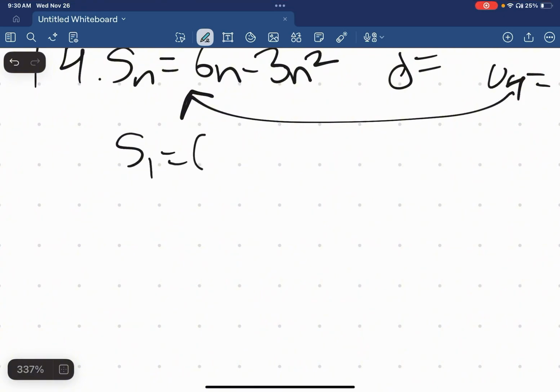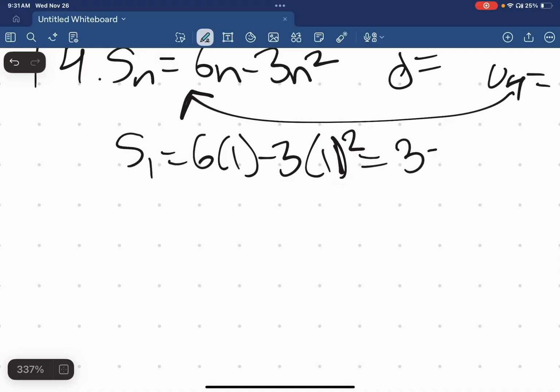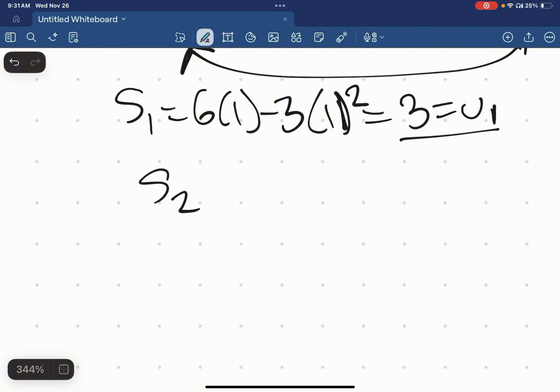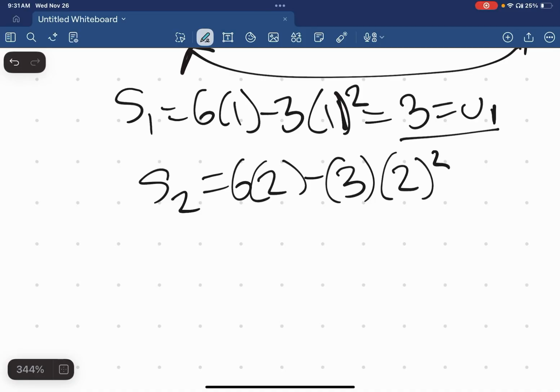So S1 is equal to 6 times 1 minus 3 times 1 squared, which is equal to 3, which is equal to u1. S2 is going to be equal to 6 times 2 minus 3 times 2 squared, which is equal to 0.